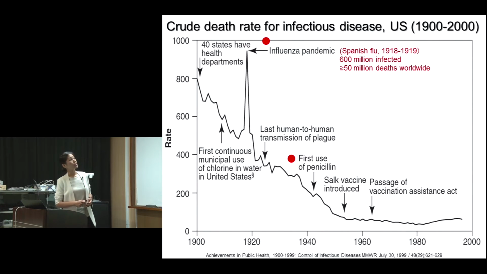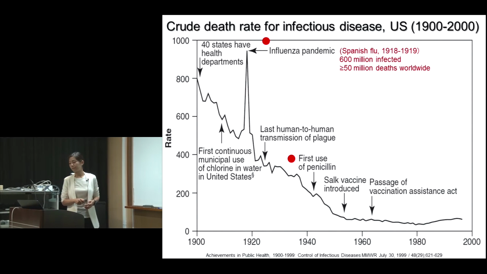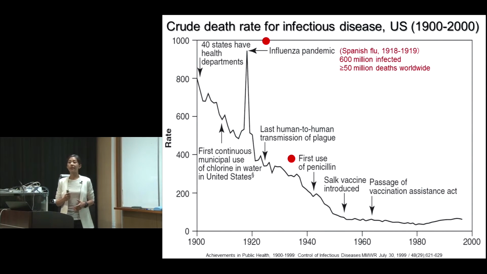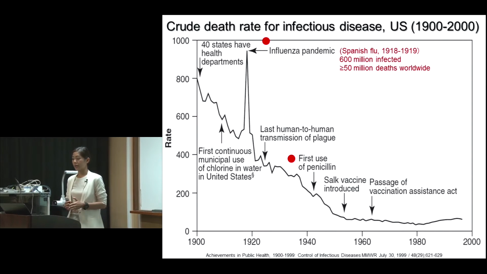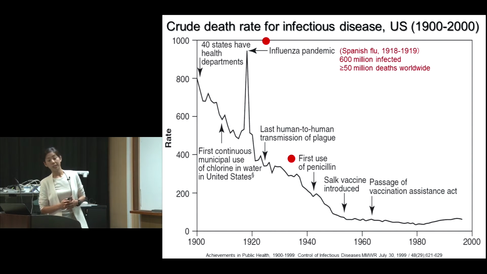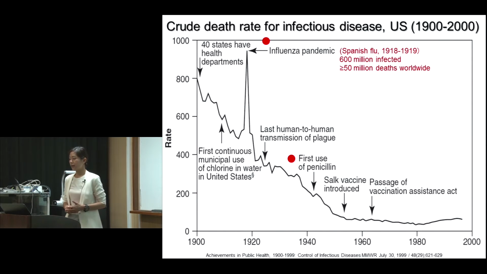And this figure shows the crude death rate for infectious disease per 100,000 population in the US in 1900 to 2000. Tremendous public health achievements were made during the last century, and particularly in the field of infectious disease, as shown in the figure.